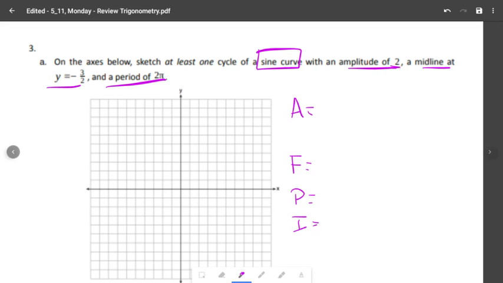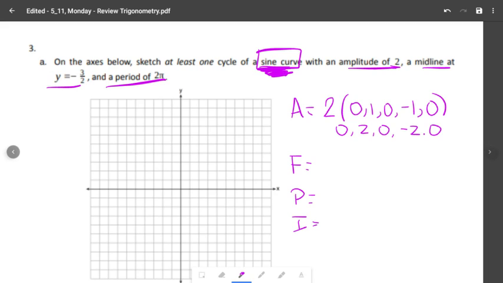They're telling us that there is an amplitude of 2. We always multiply our critical points by 2. They said that this was a sine curve, so the critical points for sine are 0, 1, 0, -1, 0. So multiplying, we get 0, 2, 0, -2, 0.